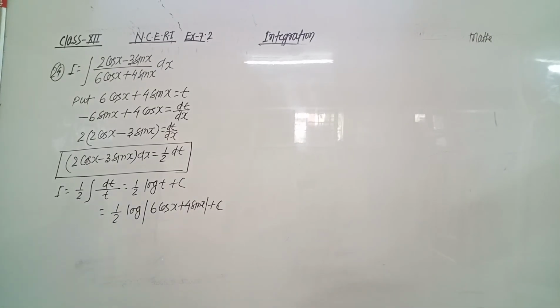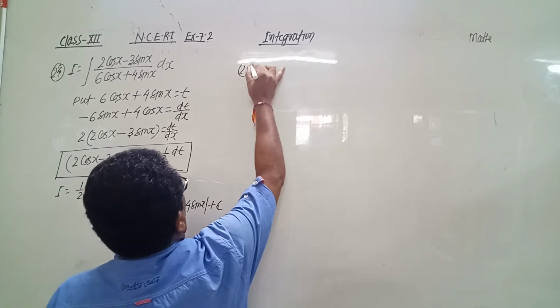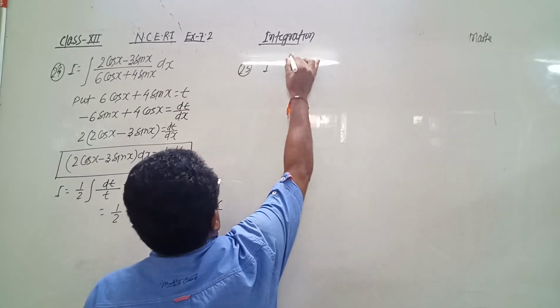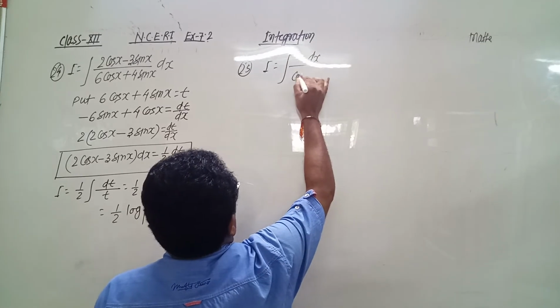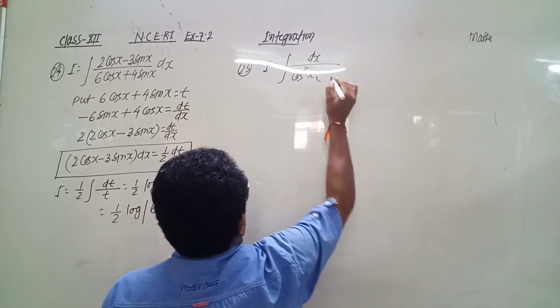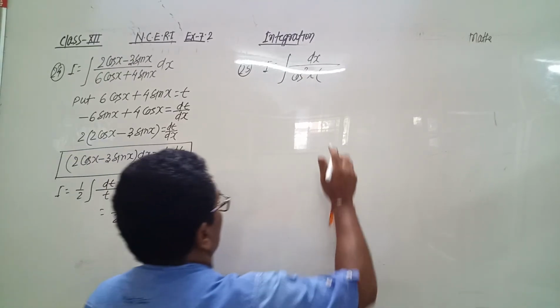Question number 25. Integration of dx upon cos square x and (1 minus tan x) the whole square. I equals integration dx upon cos square x and (1 minus tan x) the whole square.